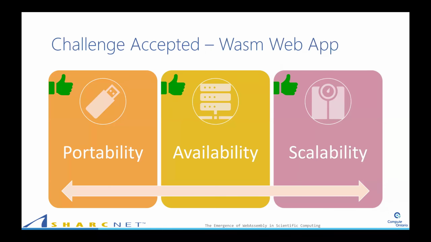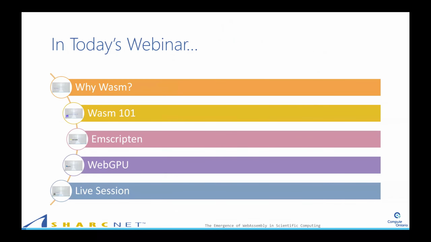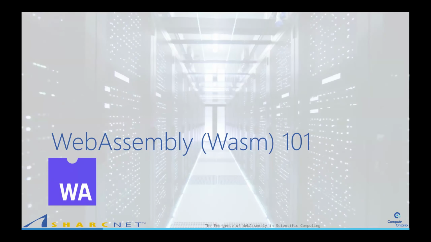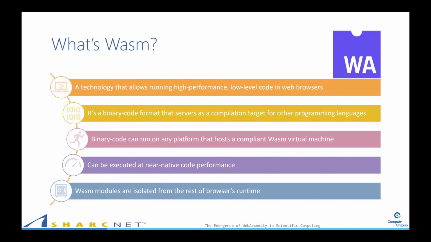But there is a new kid on the block that can address these shortcomings, and that's nothing other than WebAssembly, or Wasm. That brings us to Wasm 101. So what's Wasm?